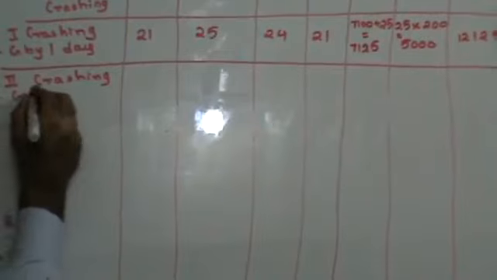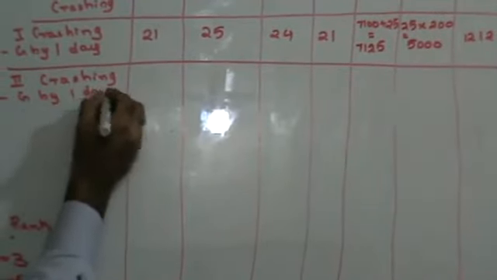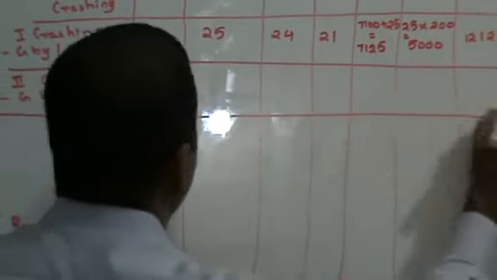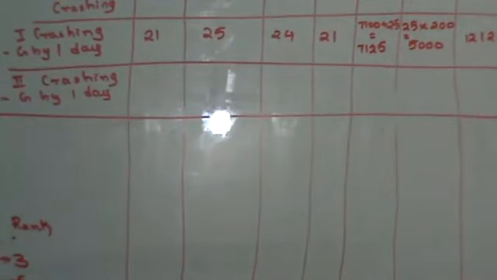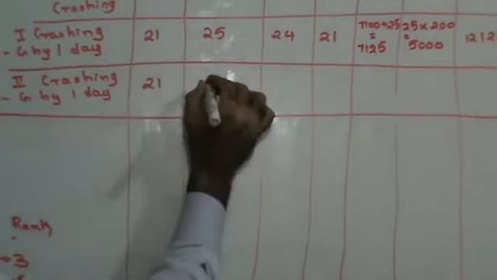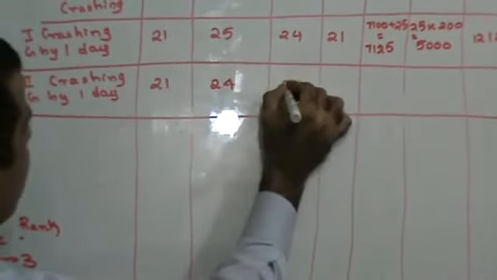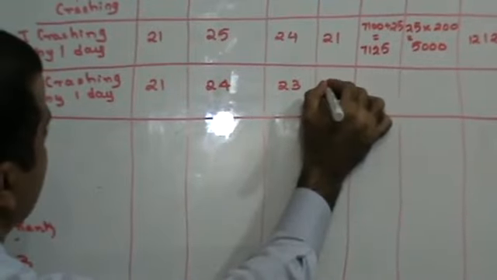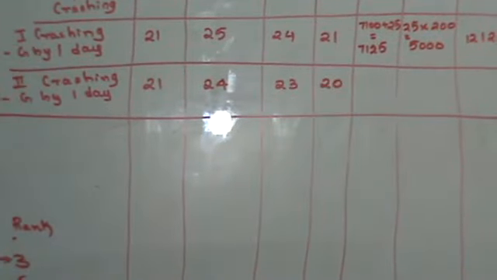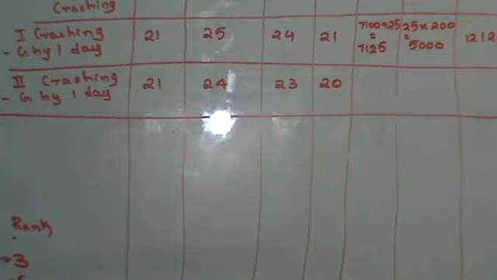Second crashing will be G again by 1 day, right? So all those paths that have G will be reduced by 1 day. So this will still remain 21, this will become 24, 23, 20. Fine, do we get this in clear?